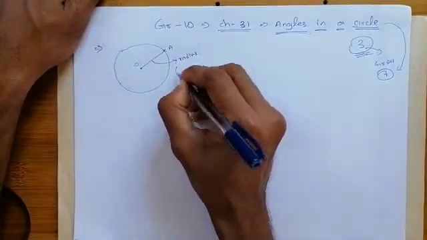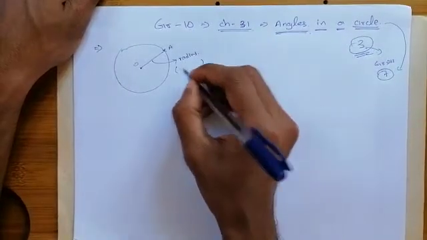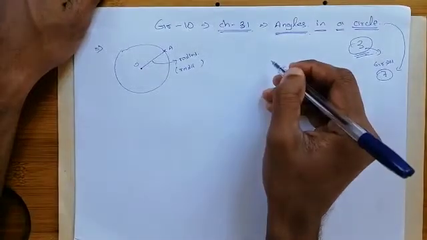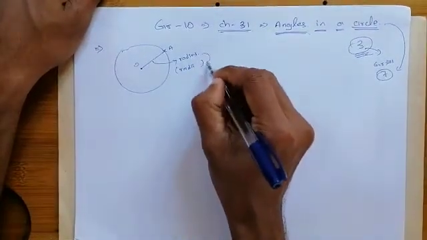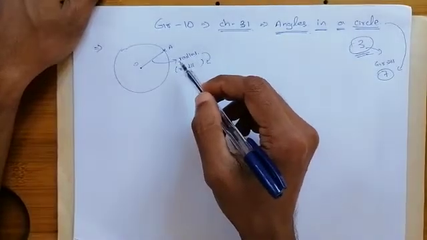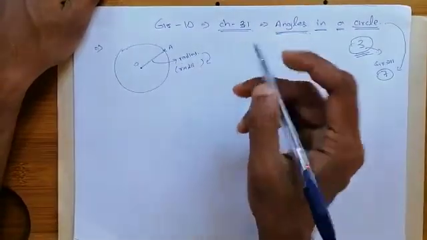The plural of radius is radii, R-A-D-I-I, radii. It's a plural word. So the basic thing for a circle, we all know, is the radius.